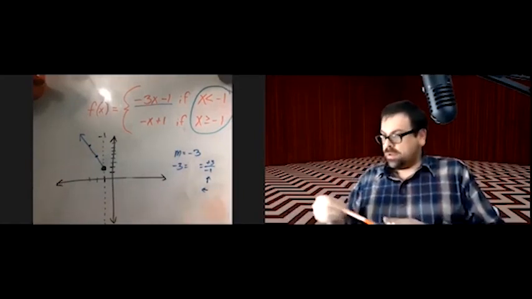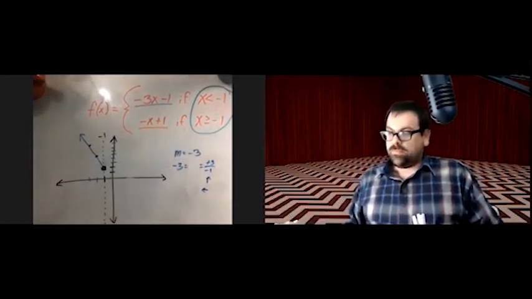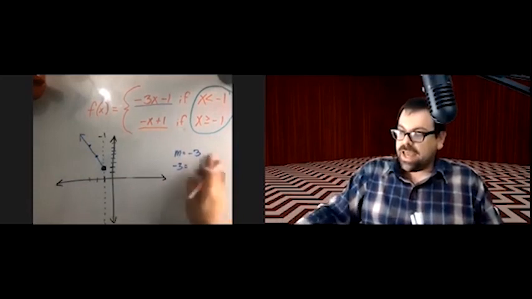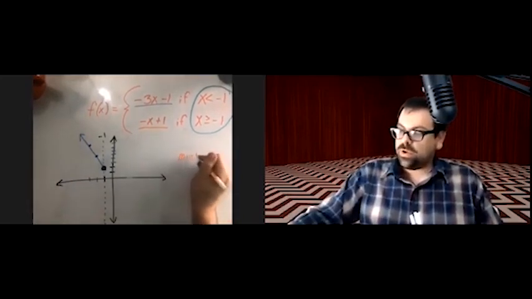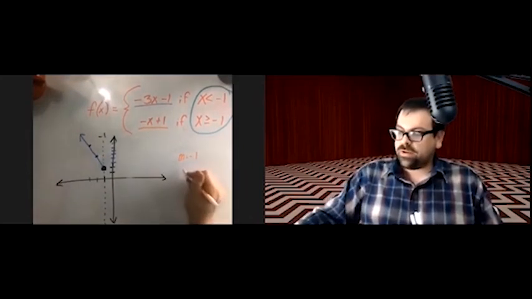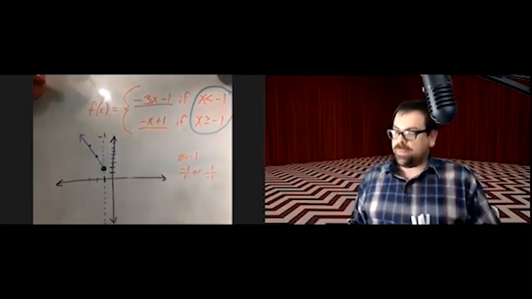Now here, negative x plus 1 has a slope of negative 1, which is either negative 1 over positive 1 or 1 over negative 1.